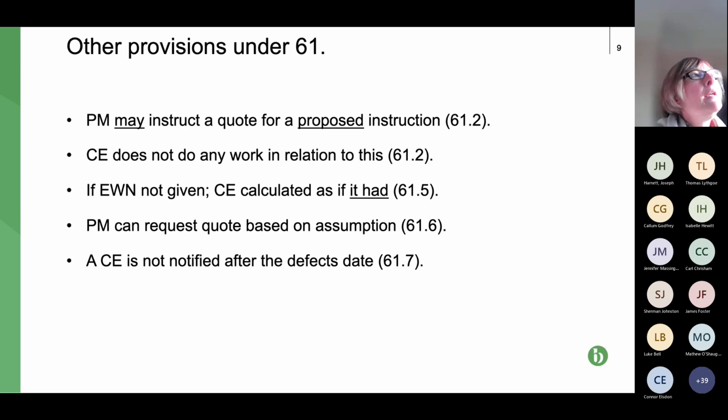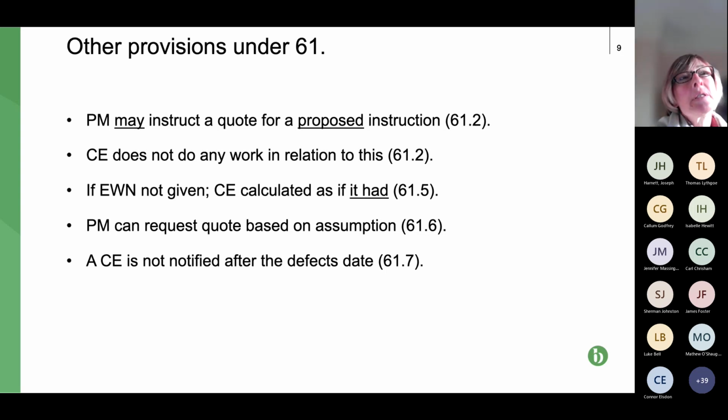So what if the project manager fails to give an early warning? Well, there's no specific penalty in the contract, but technically it could be a breach of contract, which of course is its own compensation event.